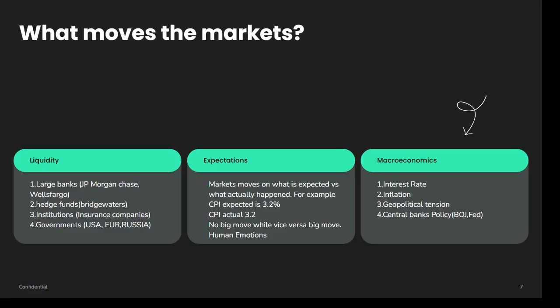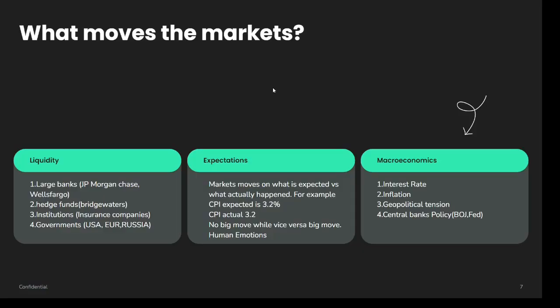So we have the insurance companies. We have so many institutions, but I just picked the insurance company. After collecting your insurance money, they invest it and transfer it using Fedwire. That's another institution that uses Fedwire.